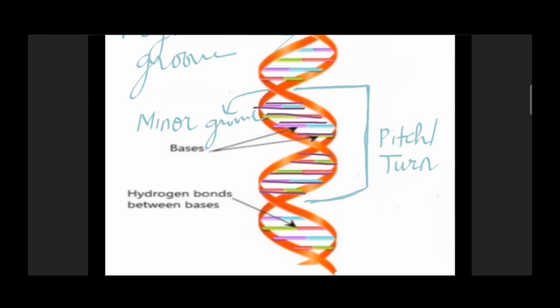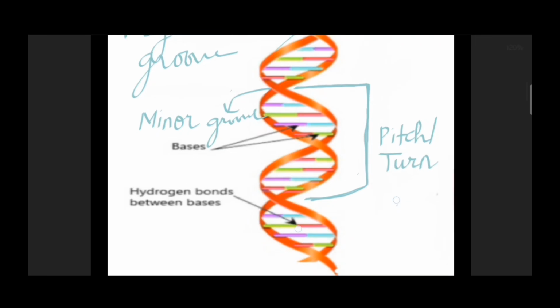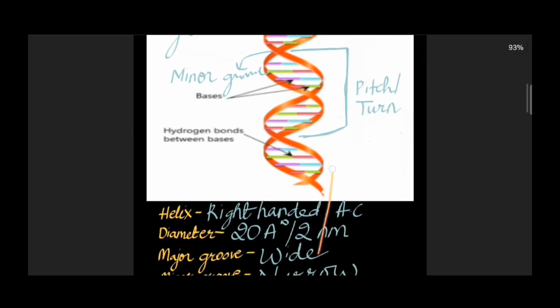So I'm going to take all these bases which are present in one turn. So that will be my base pair per turn. That is going to be approximately 10.4. So in one turn there are almost 10.4 base pairs present.